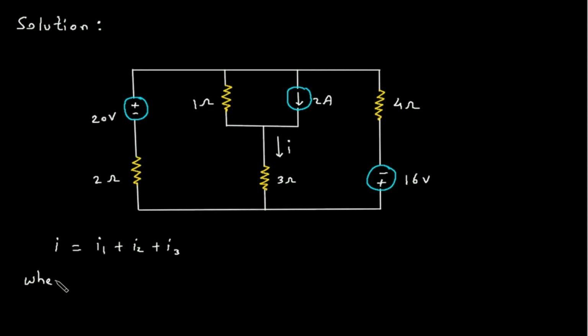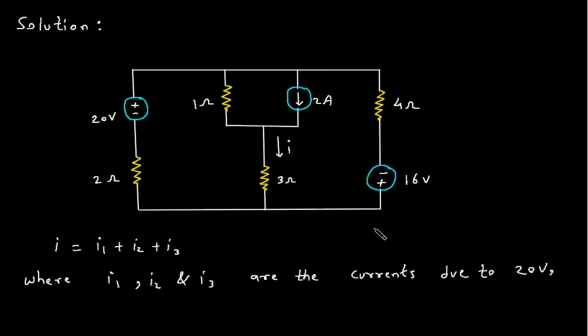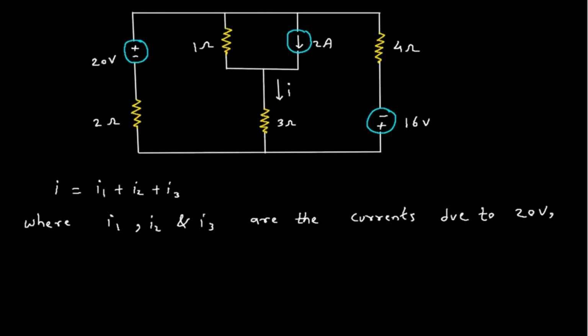Where I1, I2 and I3 are the currents due to 20 volt, 2 ampere and 16 volt respectively. Now to find I1, we will consider 20 volt.